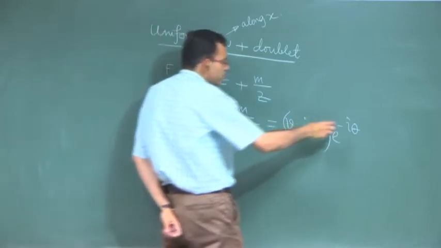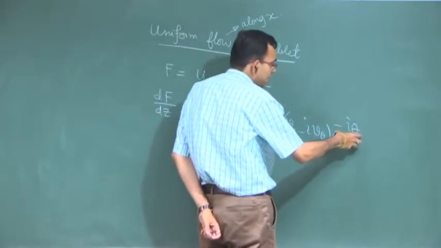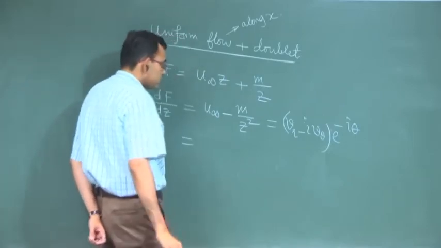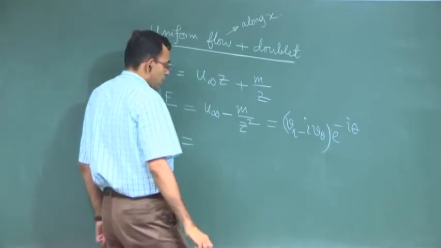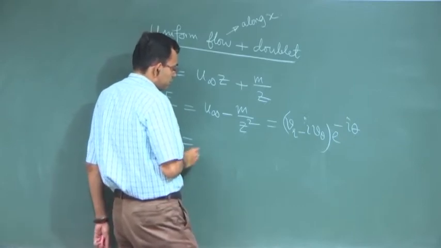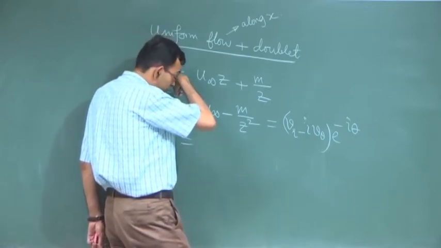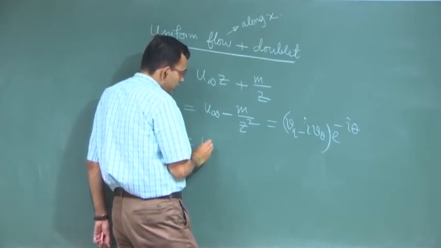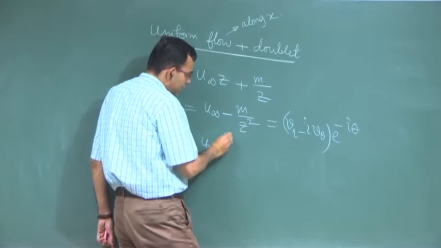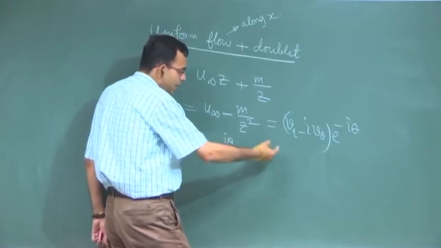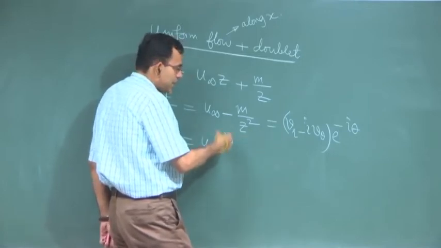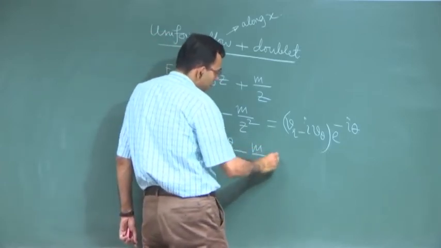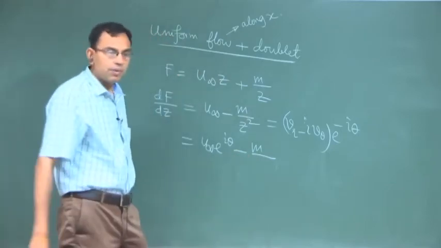So, if you want to bring e to the power minus i theta as common, you can write this as u infinity e to the power i theta, because we will then multiply with e to the power minus i theta to make it u infinity, minus m by z square, where z is r e to the power i theta.